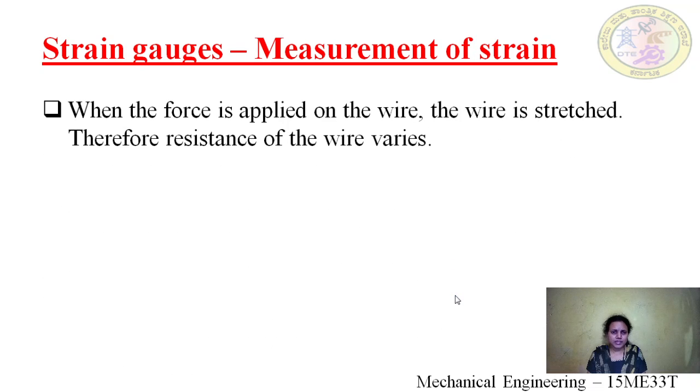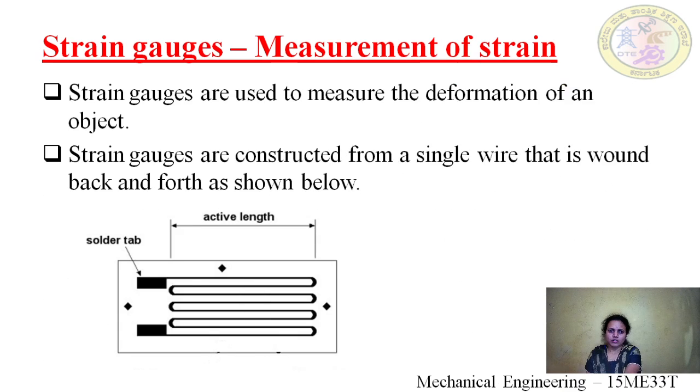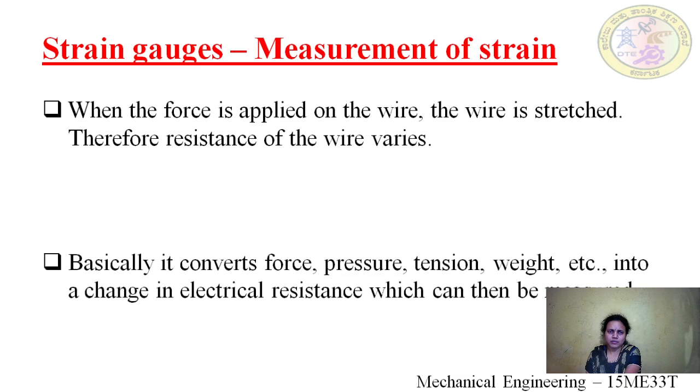Now when a force is applied, the wire gets stretched. So here the force is applied. When a force is applied at these two points, the wire gets stretched. What is happening? When the wire gets stretched, the resistance of the wire is going to change.